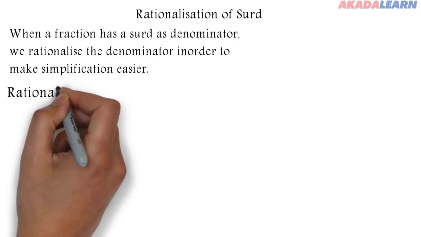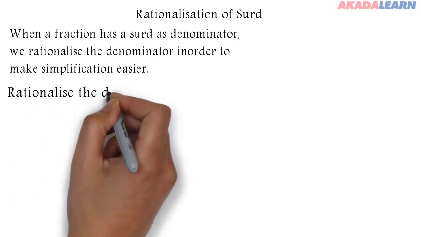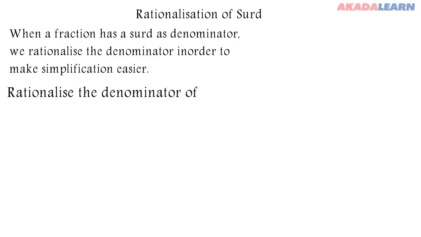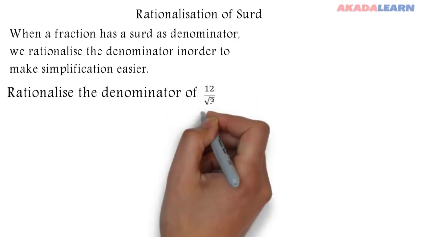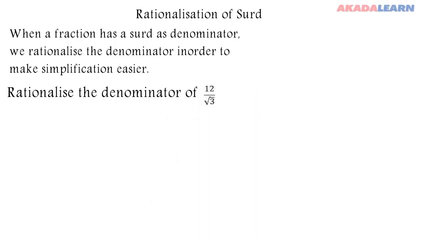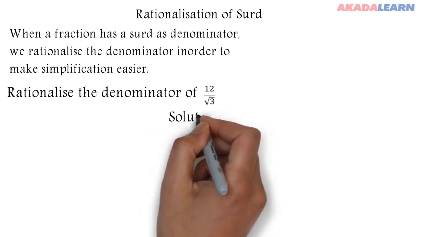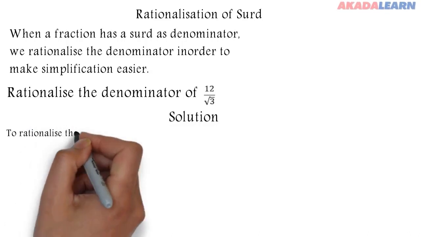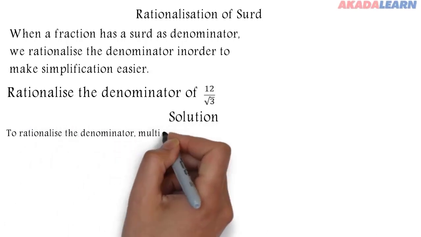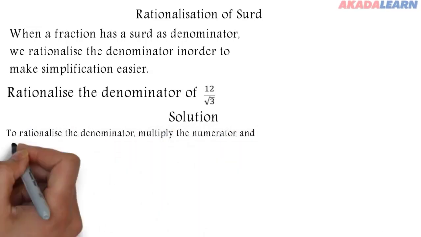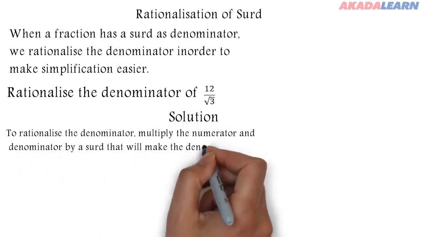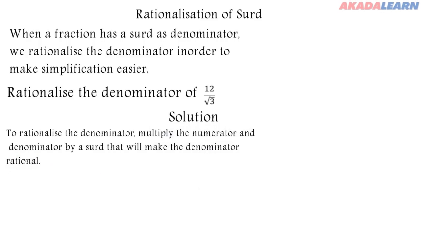If we are asked to rationalize the denominator of 12 over root 3, the conjugate of root 3 is still root 3. So we are going to multiply the numerator and the denominator of 12 over root 3 by root 3. When we say you are to rationalize, you are to multiply the numerator and denominator of that surd by the conjugate of the denominator.